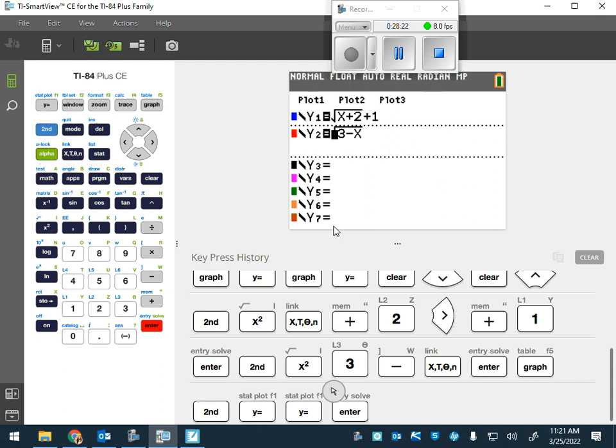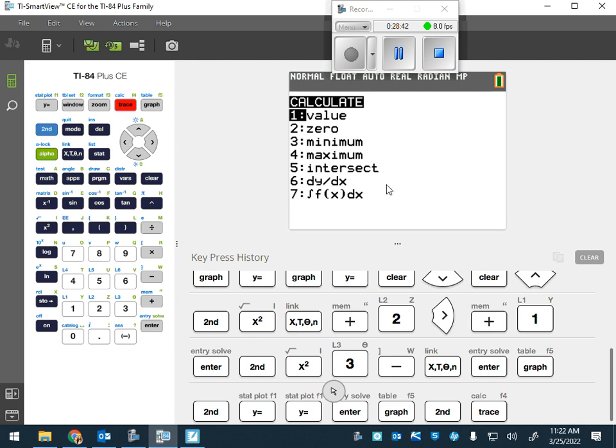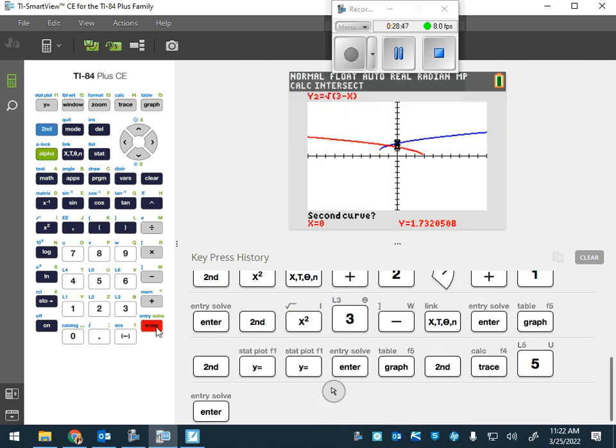Okay. So your minus sign, you had to use this, not that. Oh, and then there you go. Okay. So for graphing, right, we're all here. Then go to second trace, number 5, and enter 3 times. And you should get the negative 1.